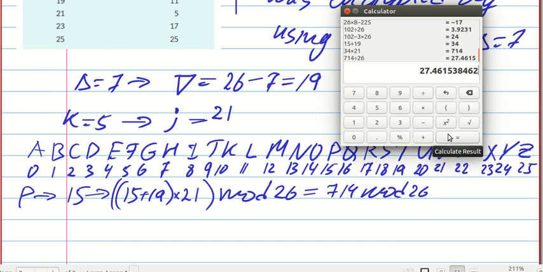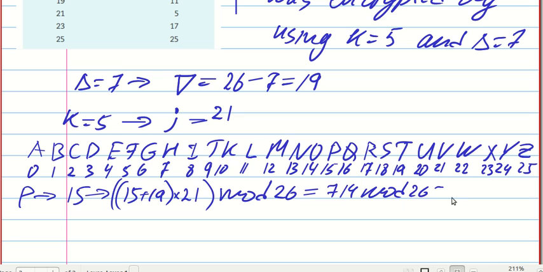So we divide by 26, so it's 27 times. Then we do the subtraction, 714 minus 26 times 27. So we get letter number 12. And letter number 12 in the alphabet is M.